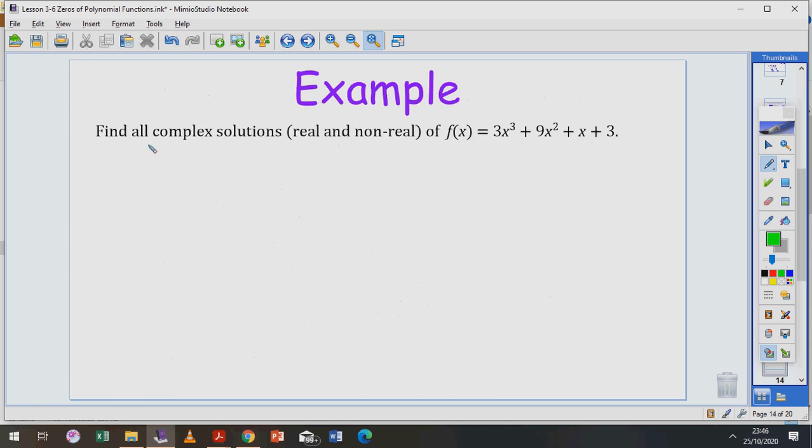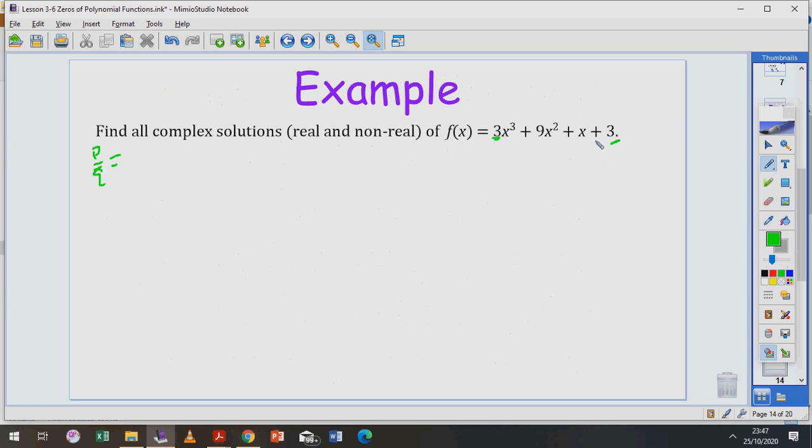Find all complex solutions, real and non-real, of this expression. Step 1, I can use the rational zero theorem to figure out which ones are zeros. Remember rational zero theorem, p out of q, p is factors of the last term, q is factors of the first term.